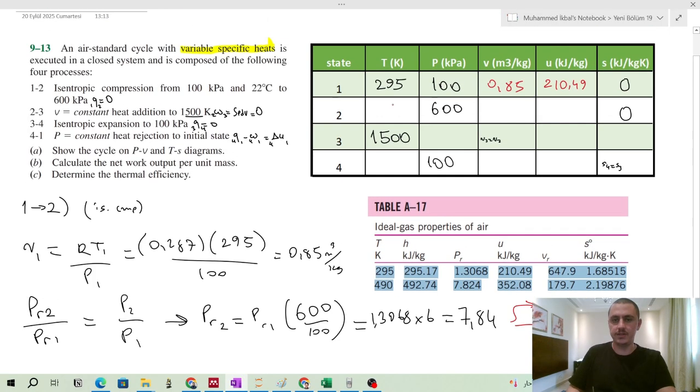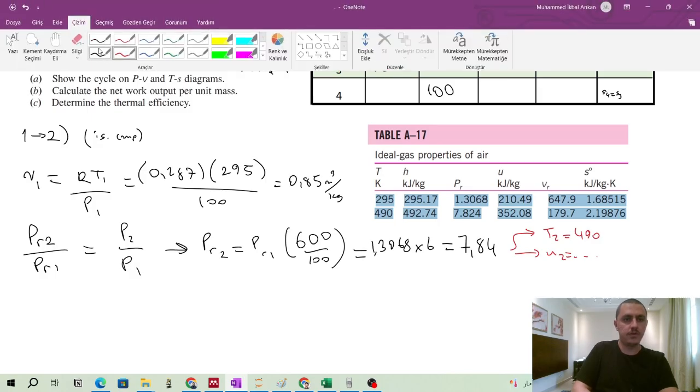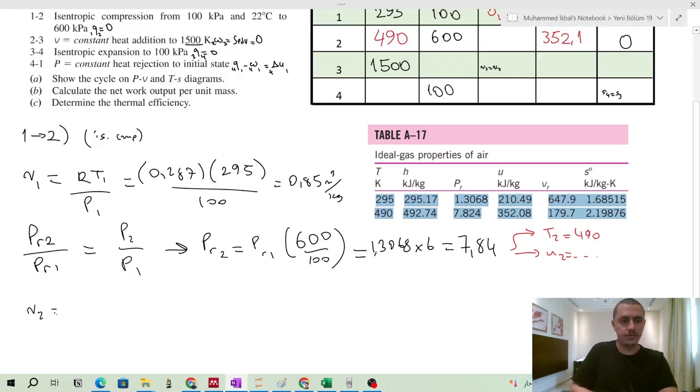Okay, just fill the table now. When I need, I can go back because I already copied them here. So U is equal to 352.1, let's say. And what about V? Here, I can calculate V from the ideal gas law easily, right? V2 is just RT2 over P2.